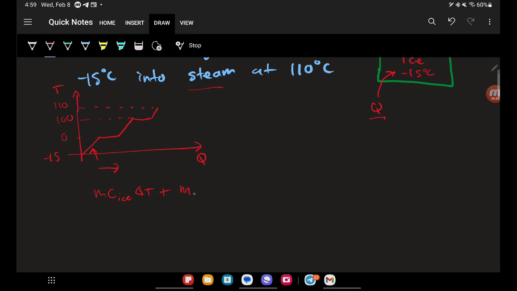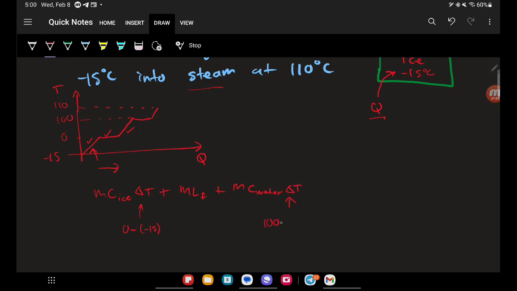Okay, and then here we're going to have MLF. So plus, we have done this, and we have done that, and then the next one is from water. So again the same M, only this is water. Okay, so here the equation is C times the final temperature minus the initial temperature. So what is going to be this temperature? It is from 0 to 100.